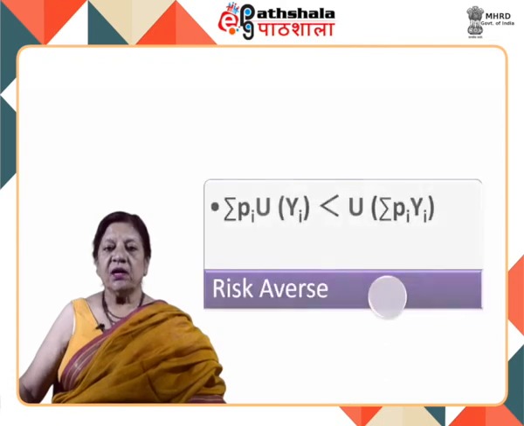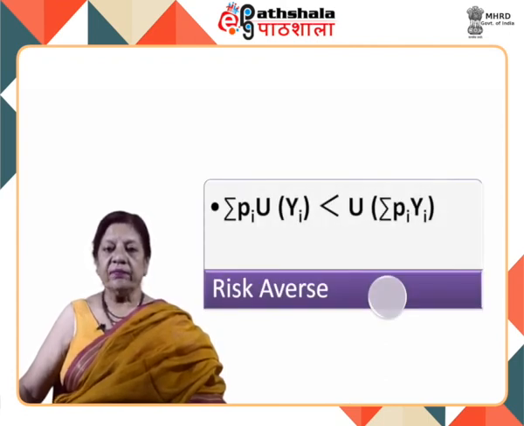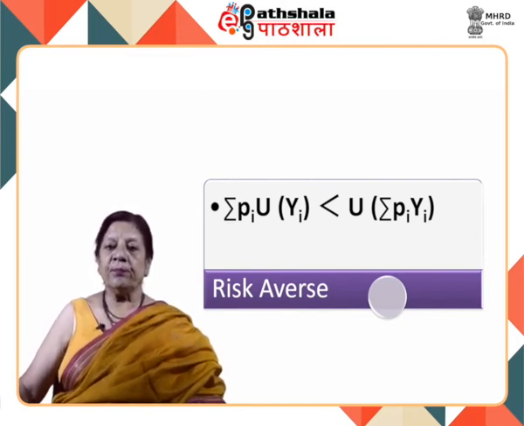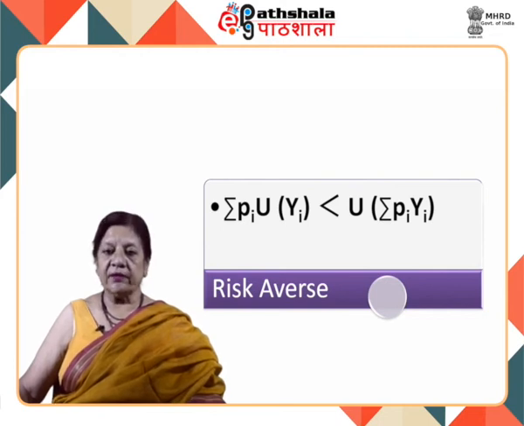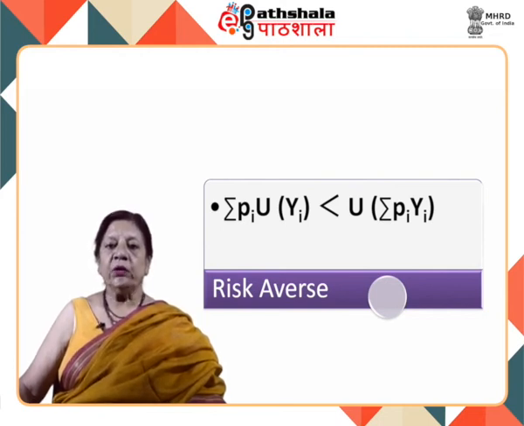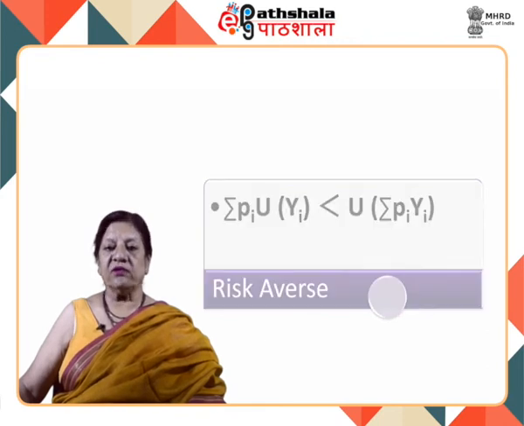In general, Σ Pi u(yi) is less than u(Σ Pi yi). This type of utility function characterizes an economic agent or individual who is risk averse.